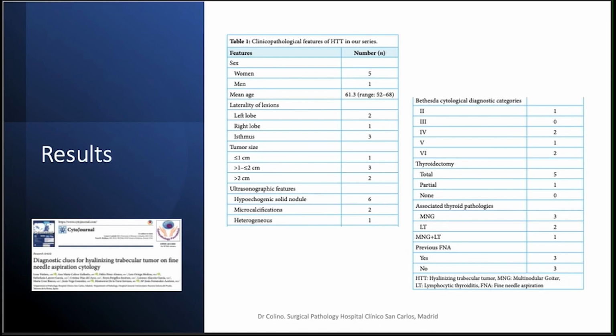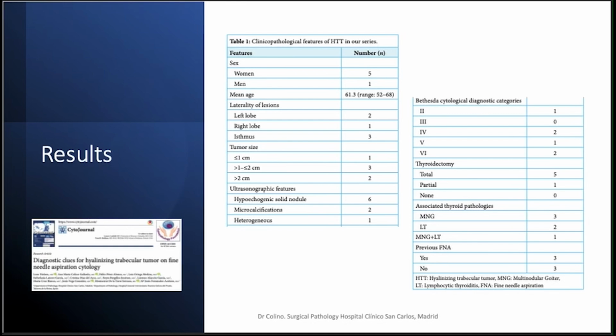All of our patients underwent a thyroidectomy, and only 1 of them was partial. 2 of these patients developed a postoperative hypothyroidism refractory to treatment with thyroid hormones. Additionally, each patient exhibited other thyroid pathologies alongside hyalinizing trabecular tumor. 3 had multinodular goiter, 2 were diagnosed with lymphocytic thyroiditis, and 1 patient presented with both conditions.